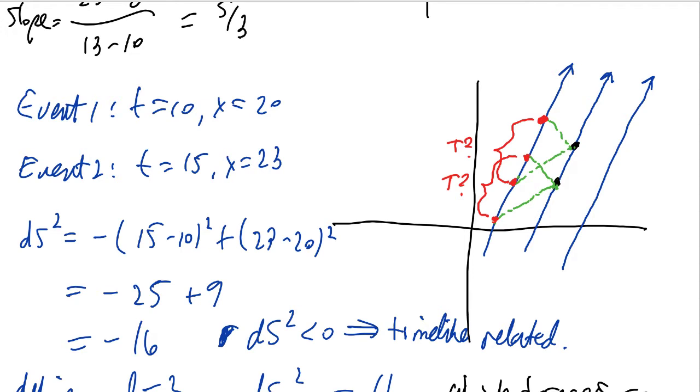It doesn't depend on t and x directly. So the proper time interval only depends on the changes in t and changes in x. So we can translate this interval, slide it along this line up to here, and it doesn't change dt or dx. So those proper times are indeed the same. And from that, you can see that this observer will infer that the distances for these events are the same as each other.